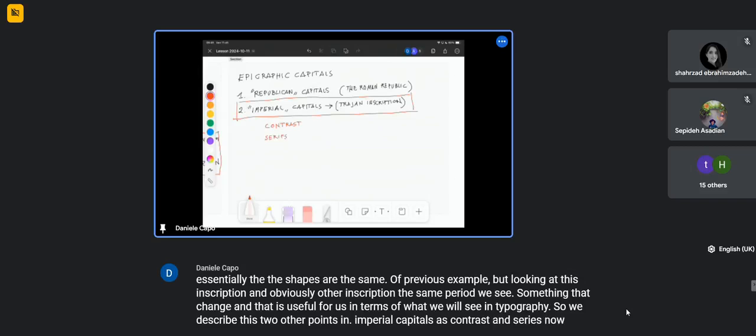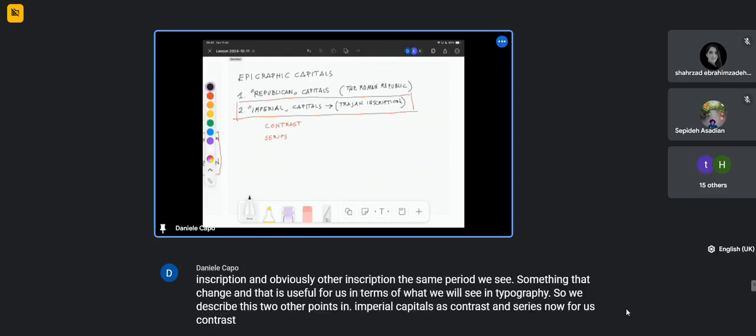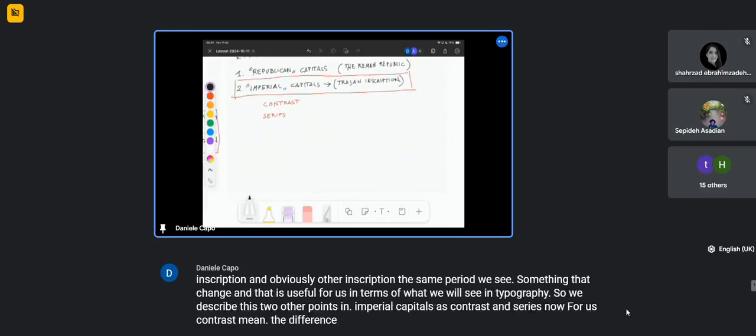Now, for us, contrast means the difference inside a letter between thick parts and thin parts.